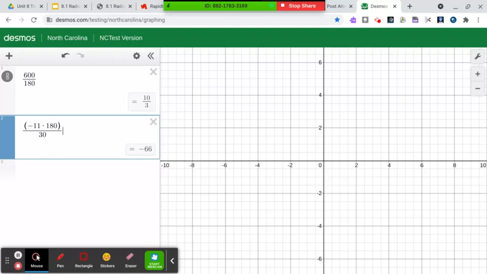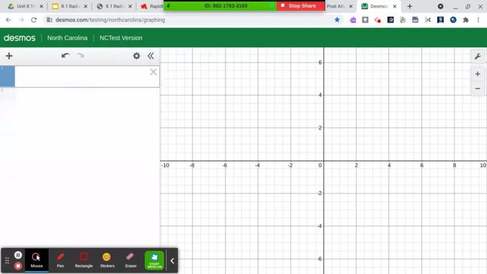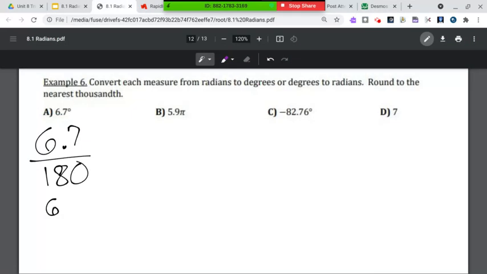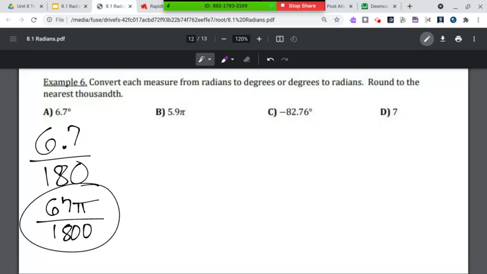Let's simplify that. 6.7 divided by 180. Hit that little fraction button. 67 over 1,800. 67 pi over 1,800. There's your radian measure.